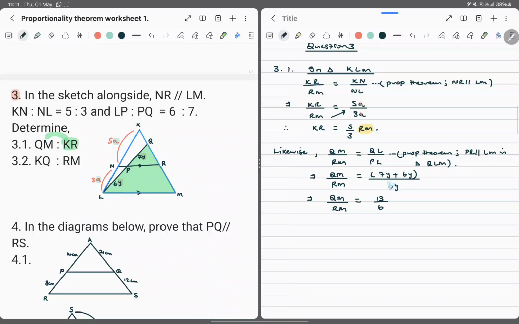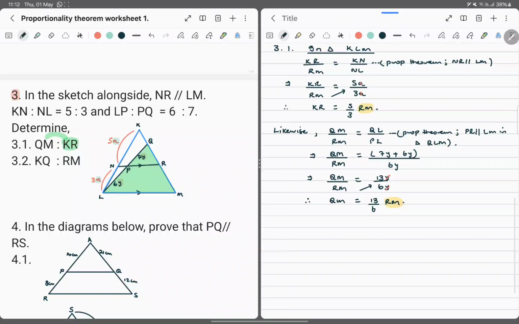Right. Okay, let's just write it. Okay, so these ones will do it nicely. And we just cross multiply RM. What do we see? QM is basically 13 over 6 RM. Can you see? We represented this in terms of RM. Now we can have a nice ratio.